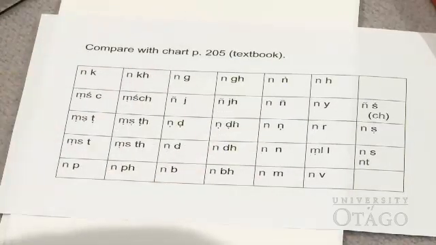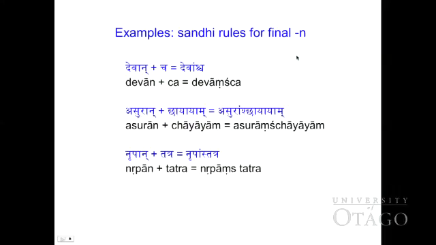Rule number 2. So please let's see examples for number 1. Devan ca, so sandhi to Devamsca. Asuran chayayam, so sandhi to Asuramschayayam.